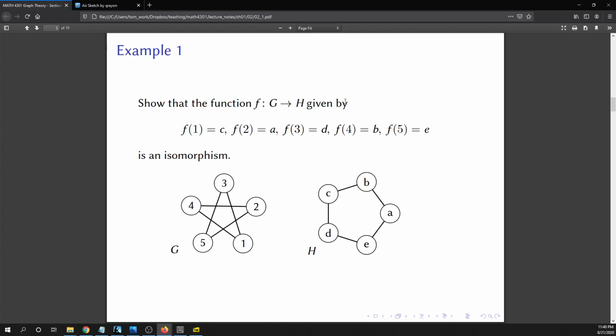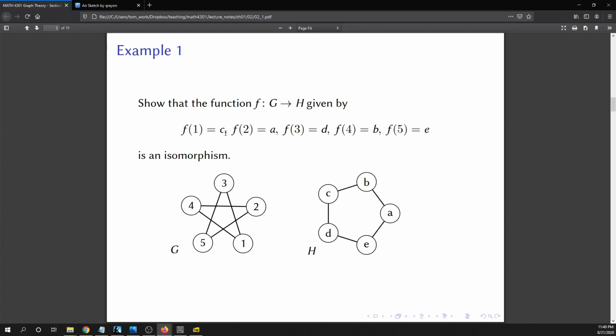So here we have this graph G, and here's the graph H. What I'm going to do is define a function from one vertex set to another.